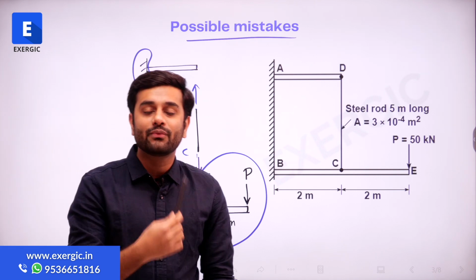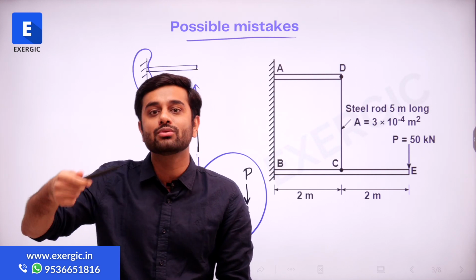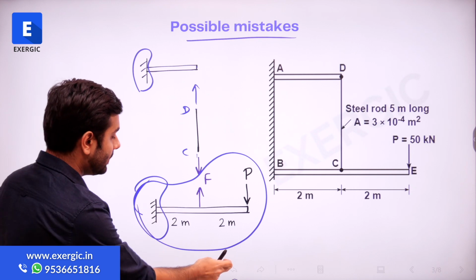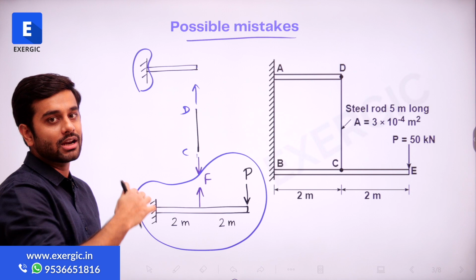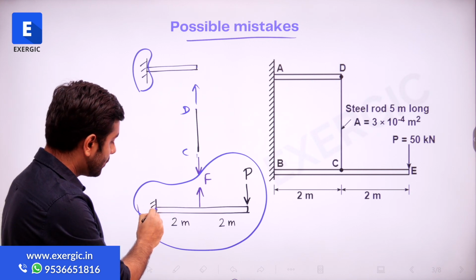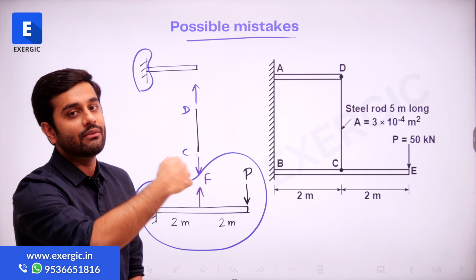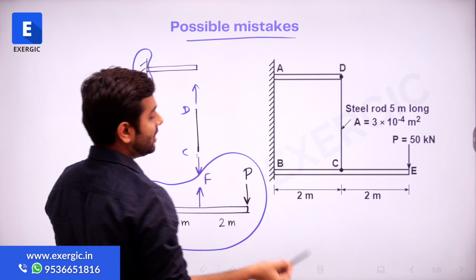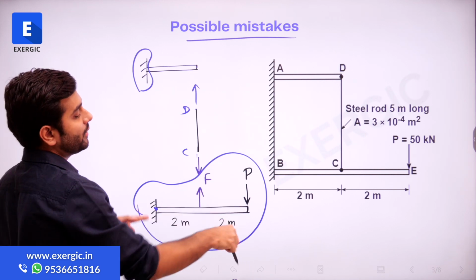So it is not a free body diagram as such, and in a hurry students can make this mistake: they will ignore the support, and what they will conclude from this diagram is they will directly take the moment about this point, and from this beam they can find the expression between F and P directly, right? You take the moment: F multiplied by 2 is equal to P multiplied by 4.